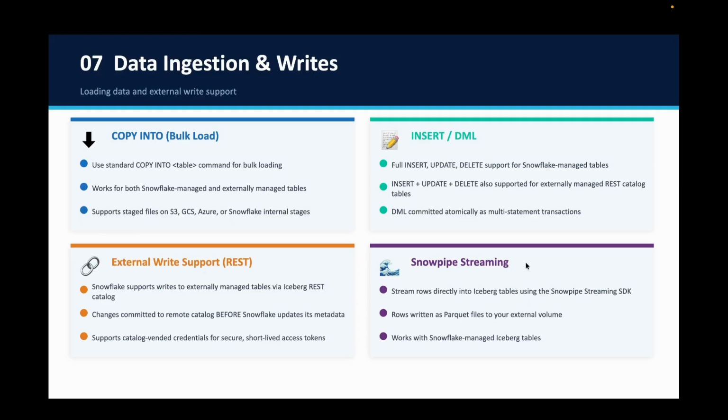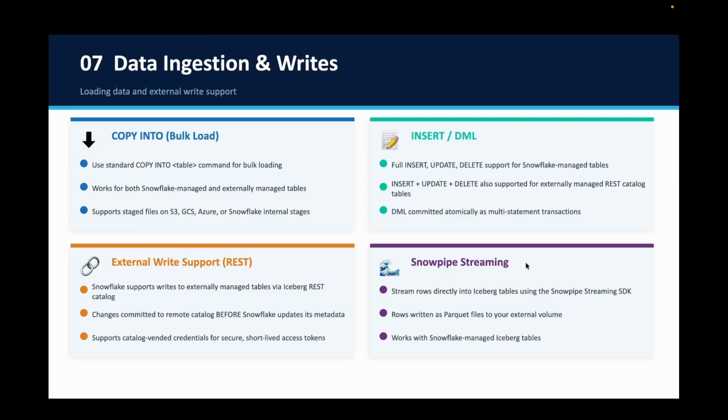Finally, Snowpipe streaming. When you are streaming data into Snowflake, it supports Iceberg tables. You can directly stream into Iceberg tables using the Snowpipe streaming SDK. The rows are written as Parquet files to the external volume. It works with Snowflake managed Iceberg tables.